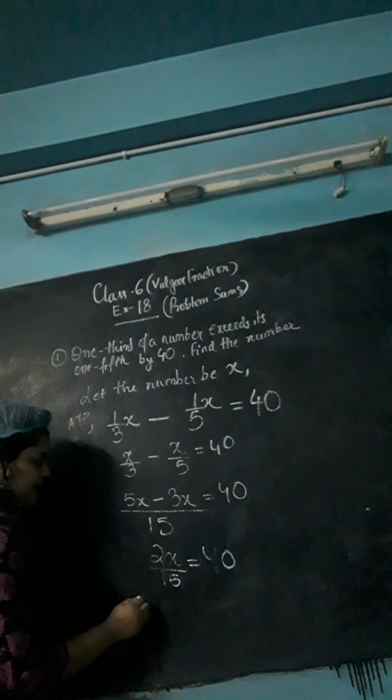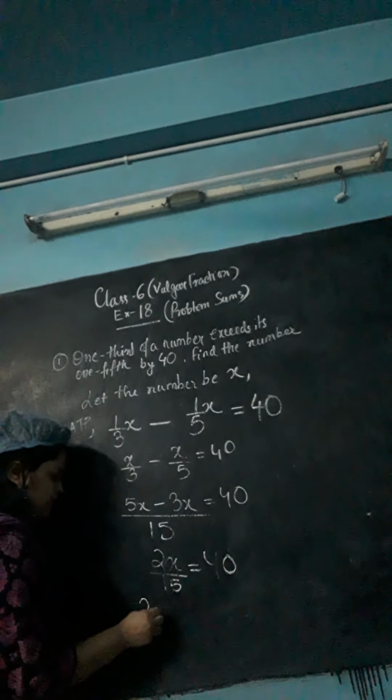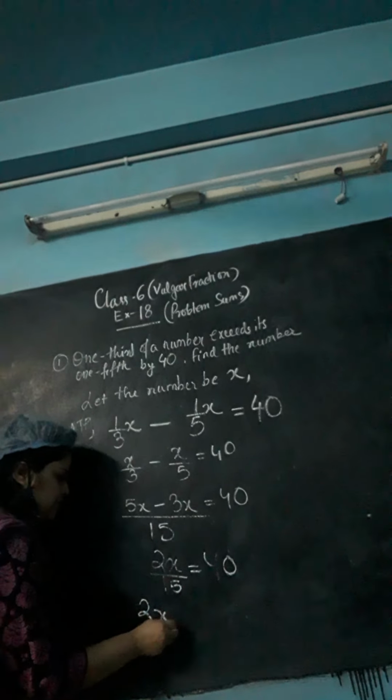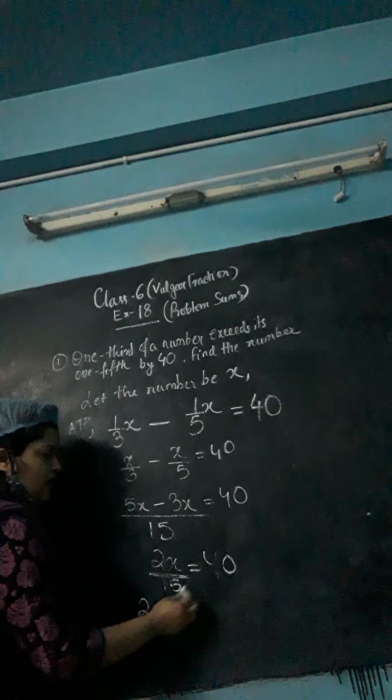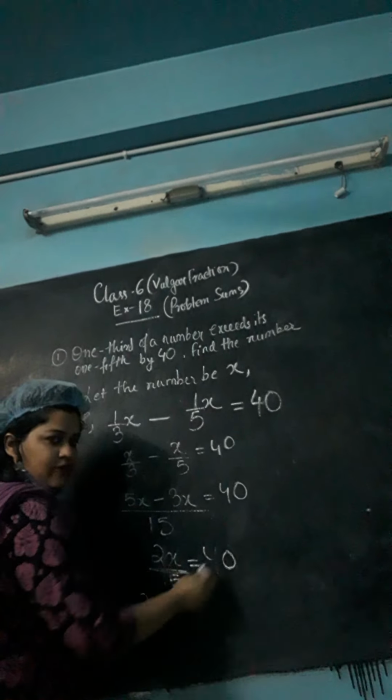Now we have to find the unknown. We keep the unknown on one side and shift the numbers to the other side. When we shift this 15, which is divided, from the left hand side to the right hand side, it becomes multiplied by 15.